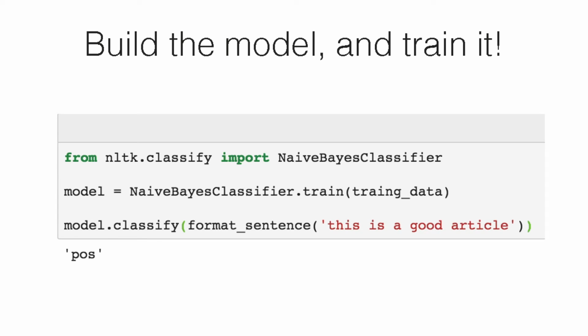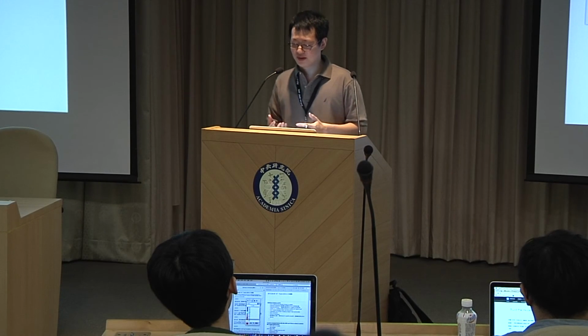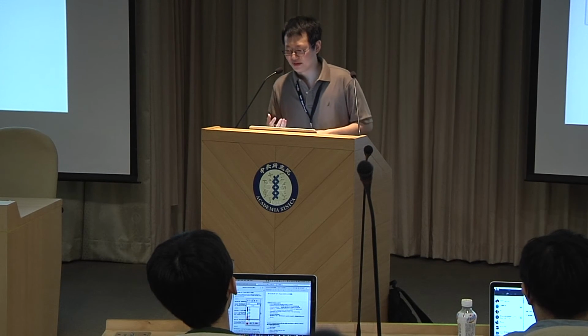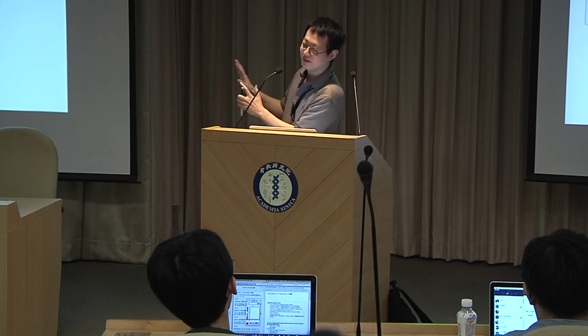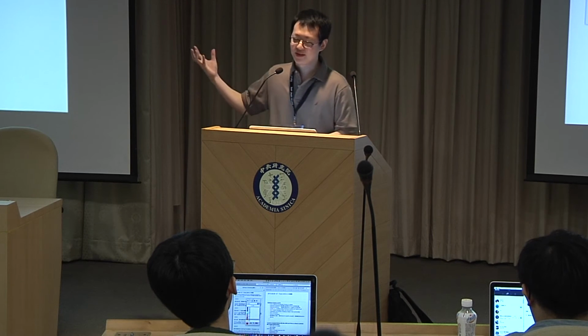Now we can build a model. There are lots of models you can use. In a real case, you have to try a lot of models and a lot of parameters, but here I only want to show you a very basic one. It's called the naive Bayes classifier. It's a general-purpose machine learning algorithm. Forget about that part and think of it as a model.